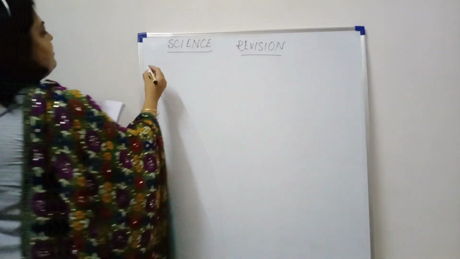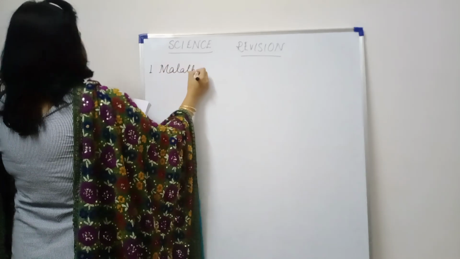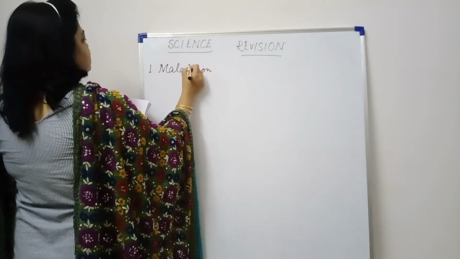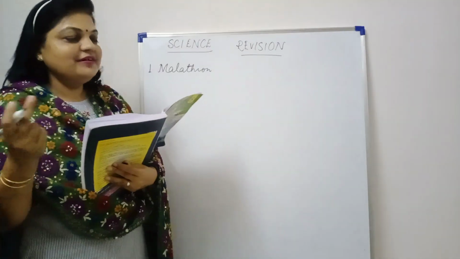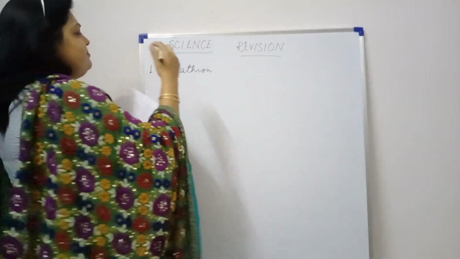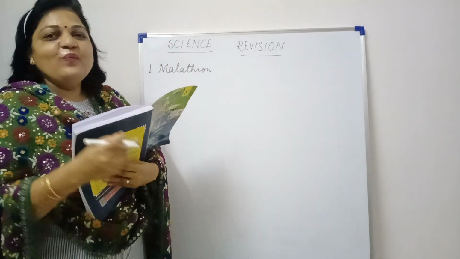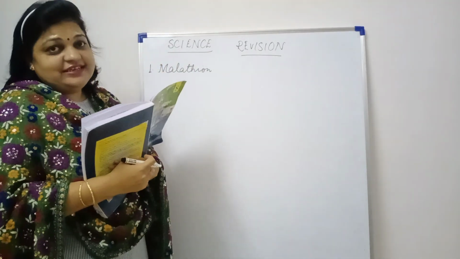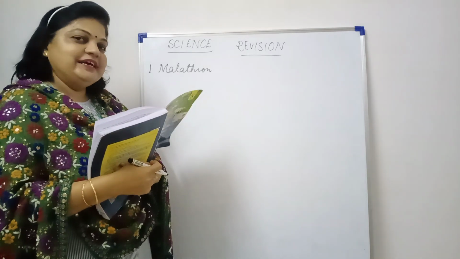That is, the question is, malathion, BHC, diasthion and DDT-R. Now here, only this malathion which is given, it's an insecticide, while BHC, DDT, diasthion, these all are pesticides. Okay.